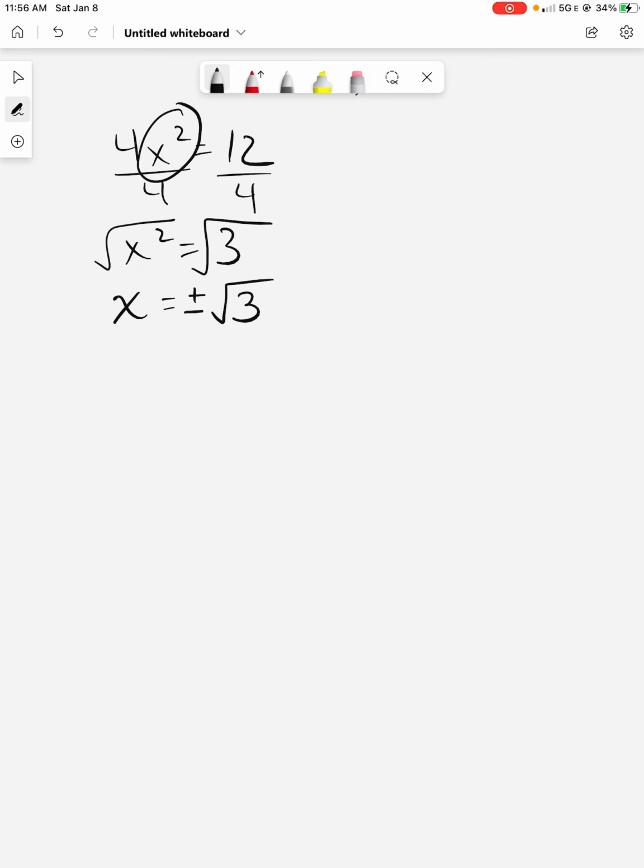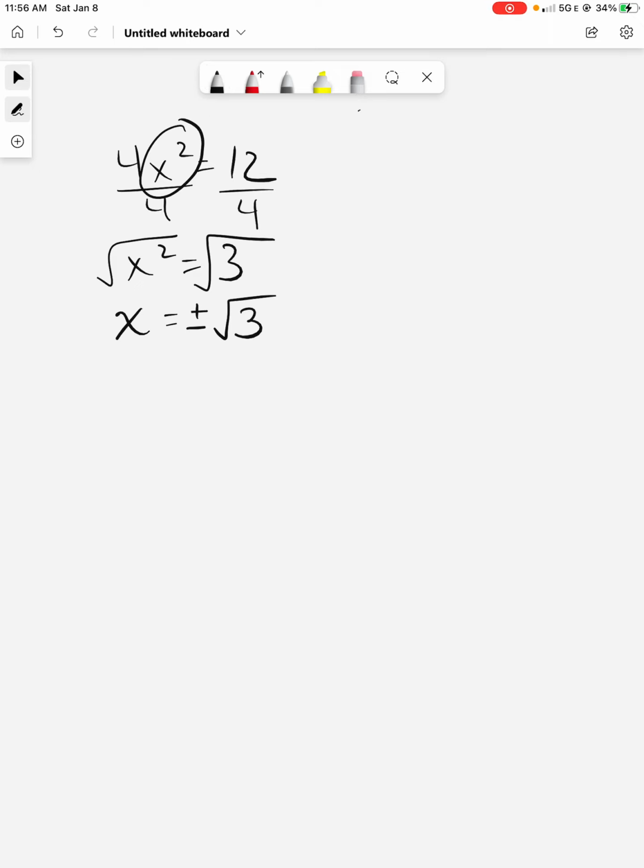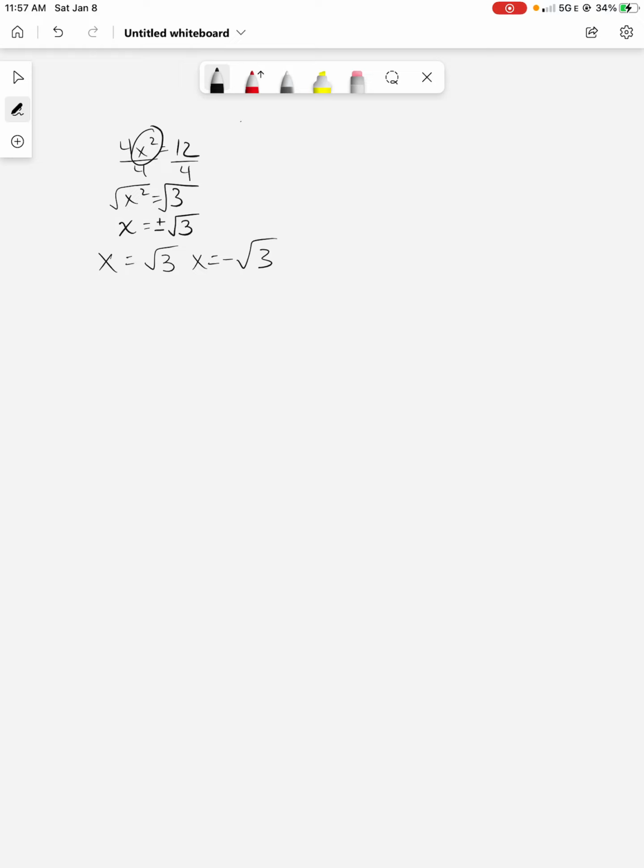The square of 3 is 9 and the square of negative 3 is 9. So you have to make sure you include that plus or minus. So really what you've got here is two answers: x could be the positive square root of 3, or x could be the negative square root of 3, okay?